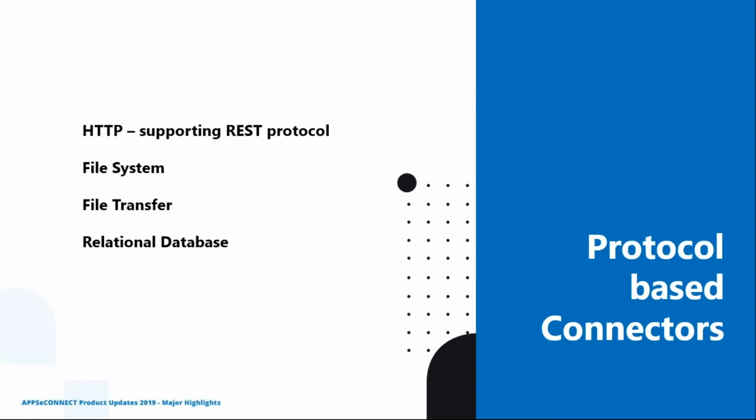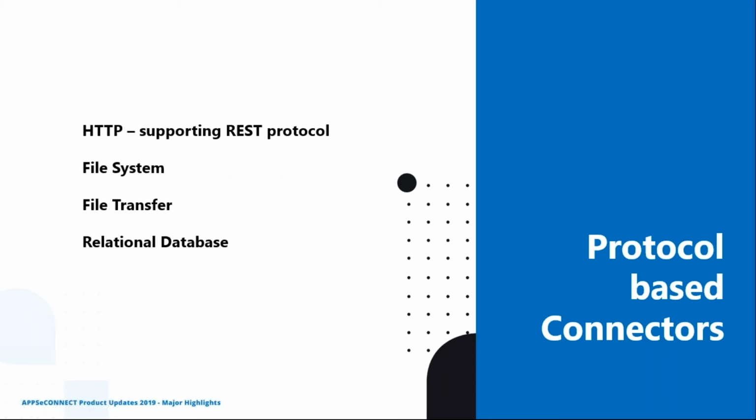Now, similar to the REST APIs, you can also connect to a file system. You can connect to an FTP account. You can connect to a relational database. So from that create technology app section, you can just go there and create these connections to the APIs.